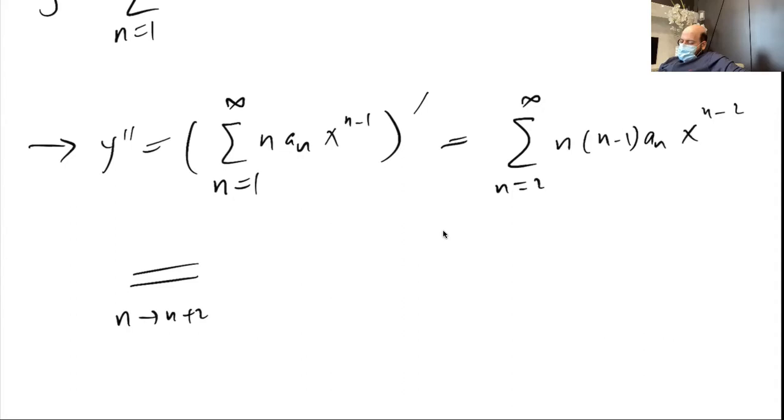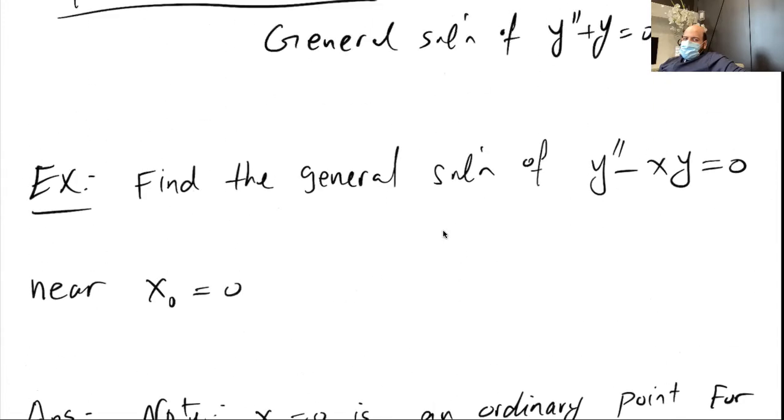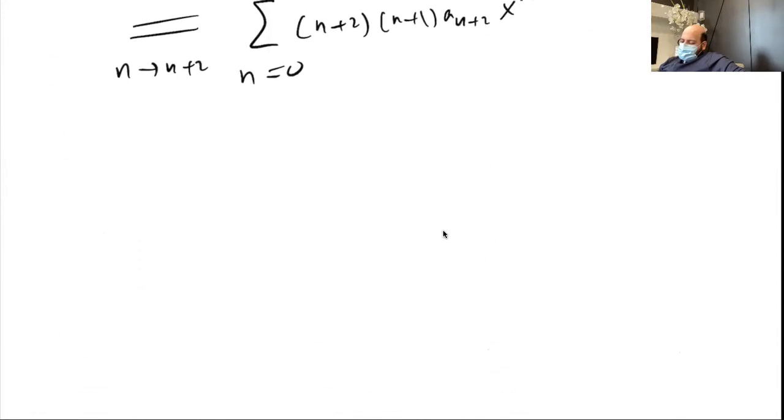then I'll have sigma (n plus 1)(n plus 2) a_(n plus 2) x to the power n, from 0 to infinity. Now if I substitute back, what do I get?